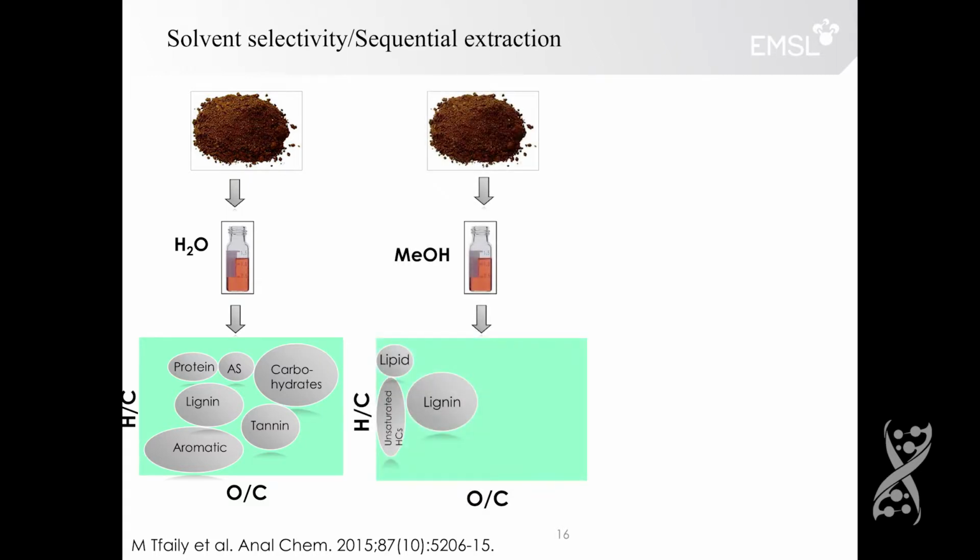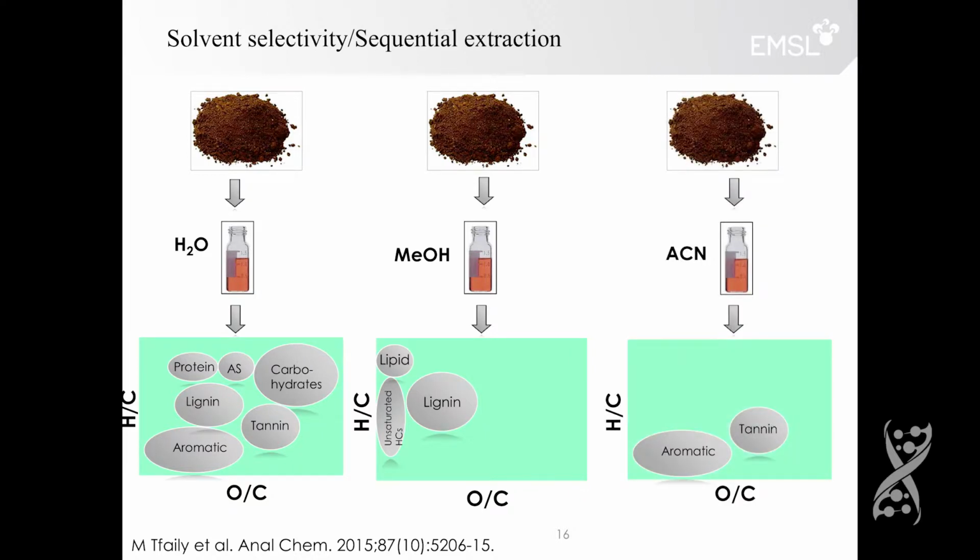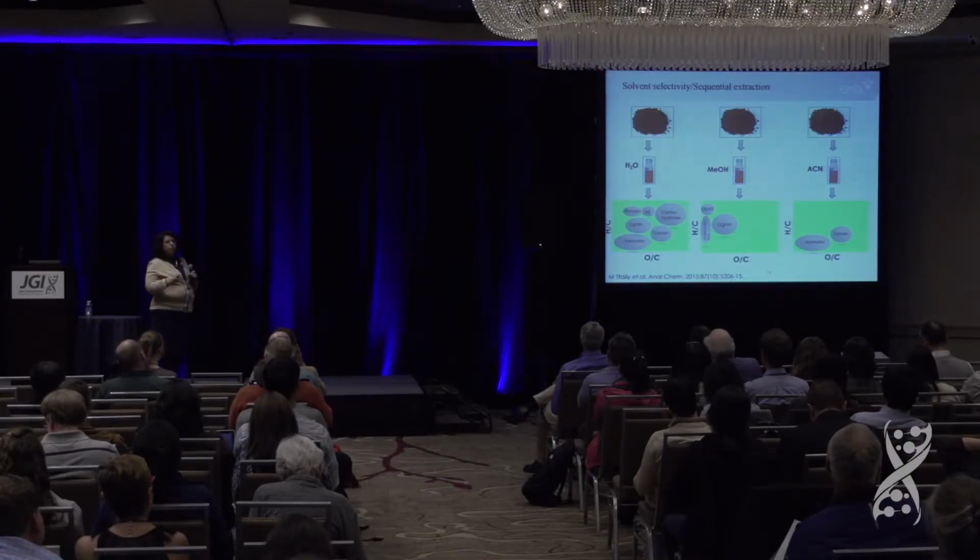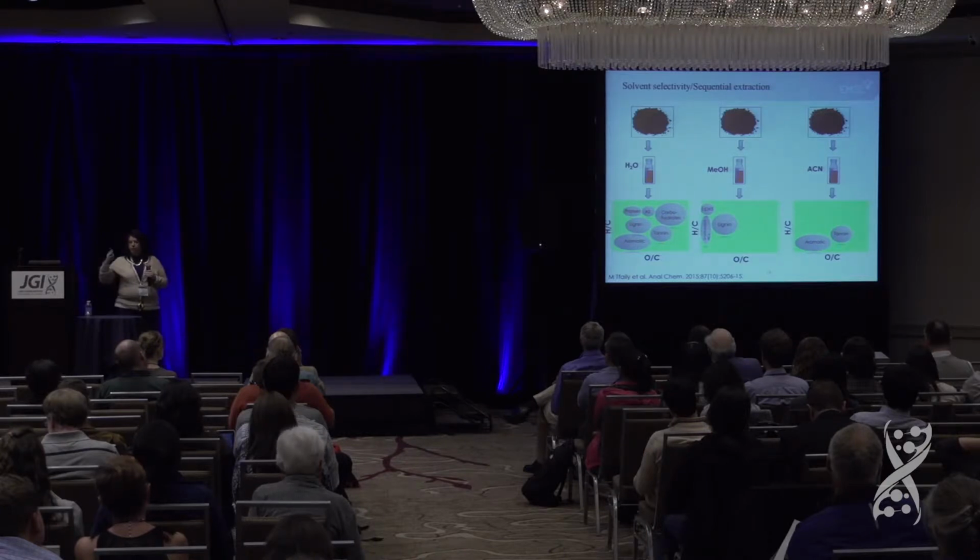This is followed by a methanol extraction, which liberates hydrocarbons, lignans, and lipids, followed by an acetonitrile extraction, which extracts aromatics and tannins. And so through the sequential extraction, we're getting a lot of the metabolites that are contained within the soil. And we can analyze each of these fractions on the FTICR individually and get a survey of what is actually in the soils.